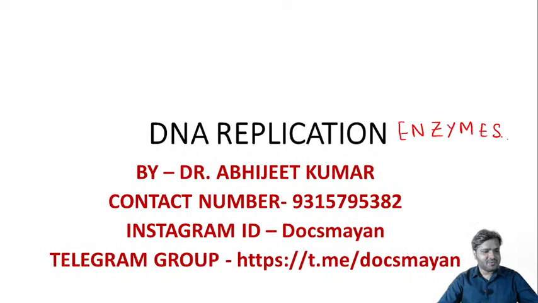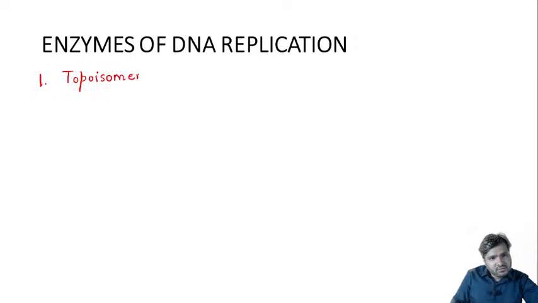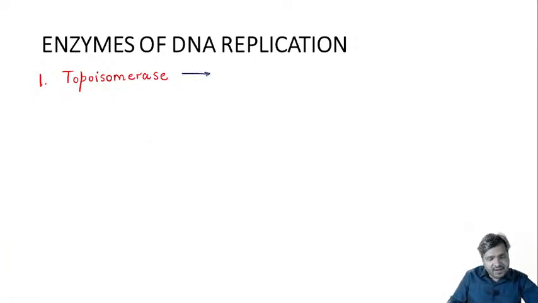So the very first thing that we will discuss today is the different enzymes of DNA replication, and the very first one that you all should know is the topoisomerase. Remember that topoisomerase prevents the torsional strain.